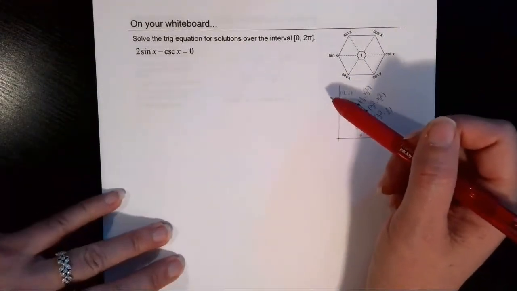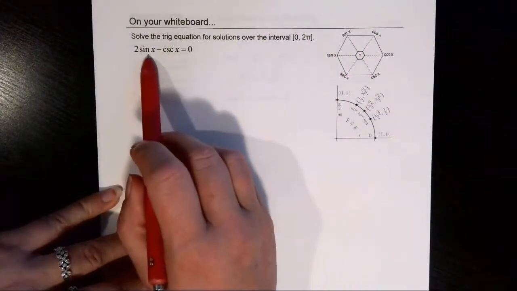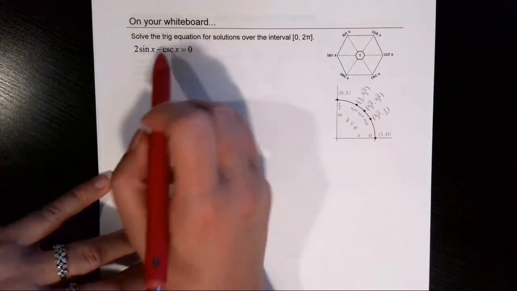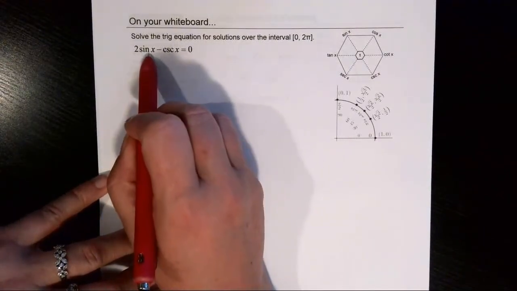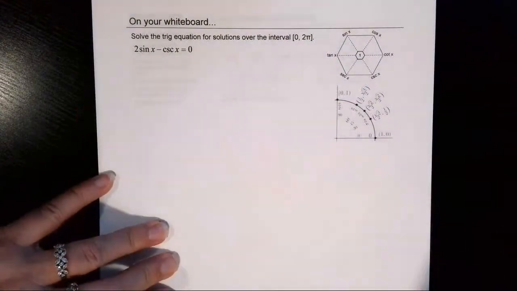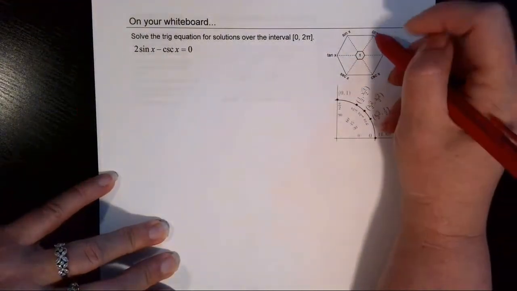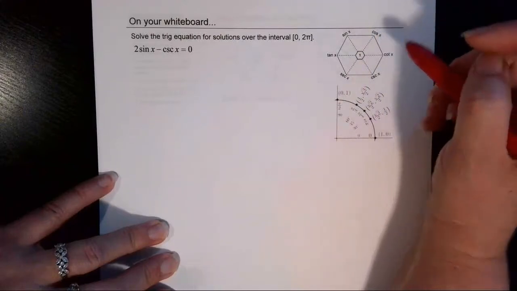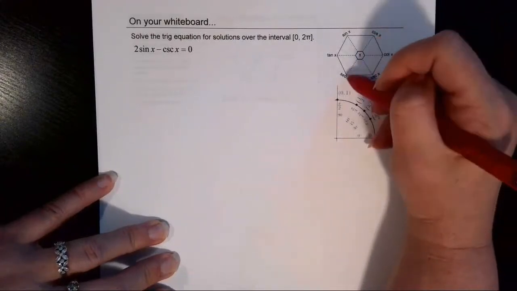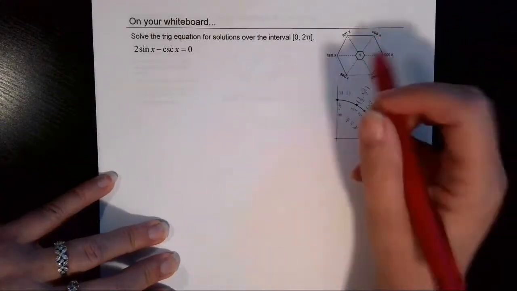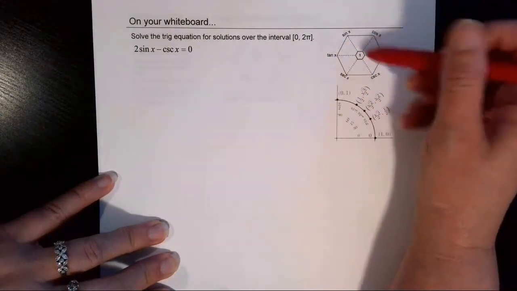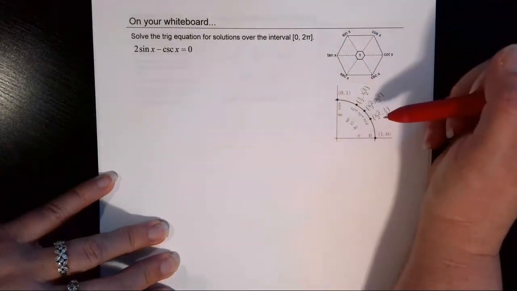So when we take a look at this problem, 2 sine of x minus cosecant of x equals 0, we're reminded that cosecant is the reciprocal of sine. On the trig identity hexagon, remember the reciprocals are diagonal from each other. So the reciprocal of cosine is secant, the reciprocal of tangent is cotangent, the reciprocal of sine is cosecant.